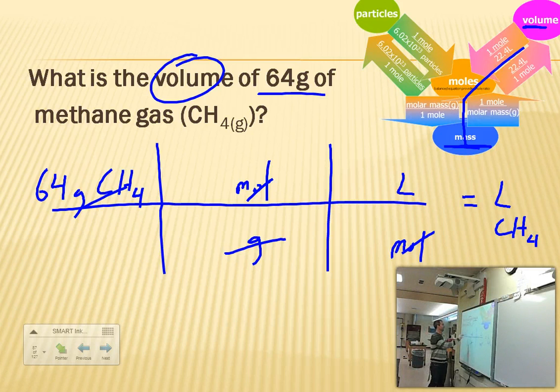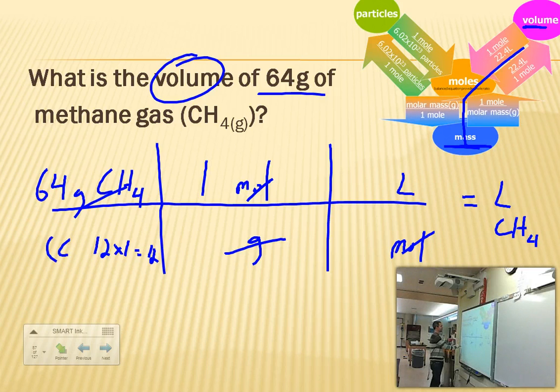Notice here, to get the molar mass of CH4, that's going to take a little bit of work, not a ton of work, but I'm going to have to, on the side here, figure out, okay, carbon has a mass of 12, and there's 1, so that's 12 times 1 is equal to 12.